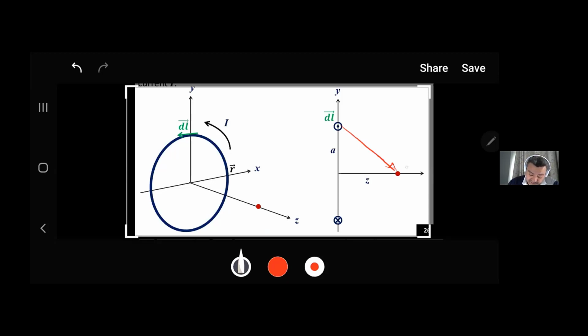So in this case, the differential magnetic field coming from this dl would be perpendicular on this line.